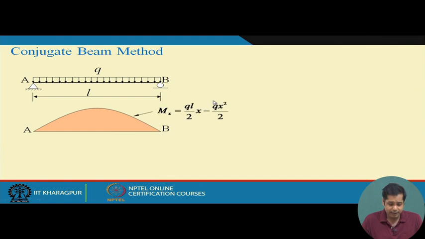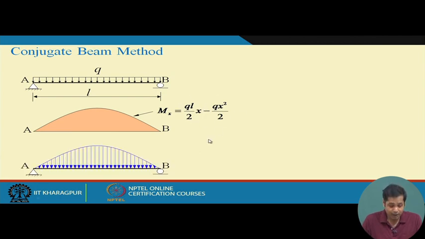Now, the bending moment diagram of this beam is this, and we know how the bending moment changes with x. We have already seen it in various places. This is the bending moment diagram for this system.